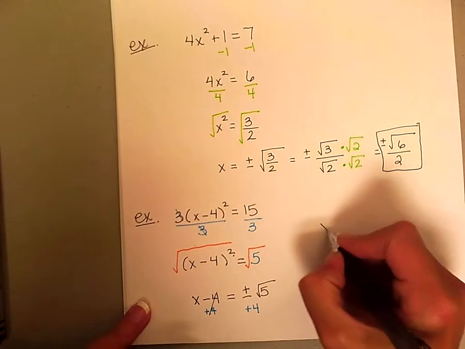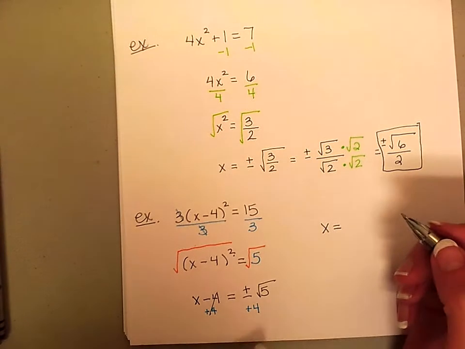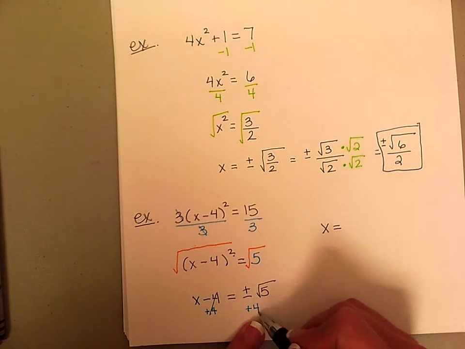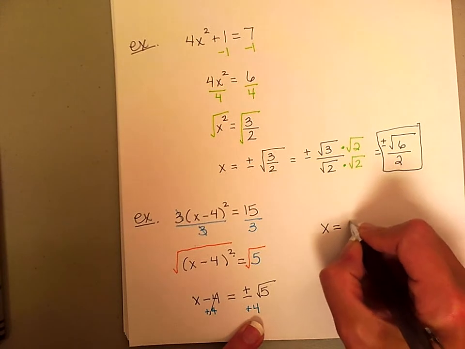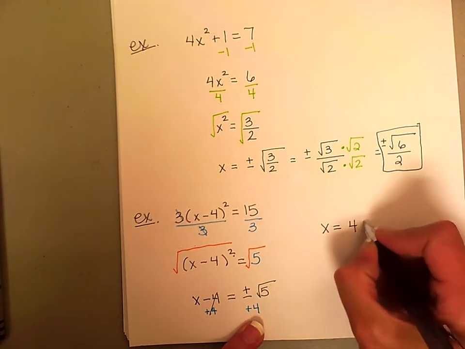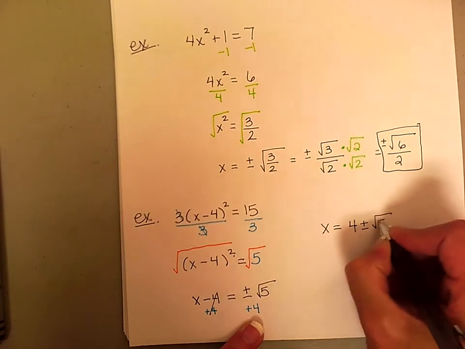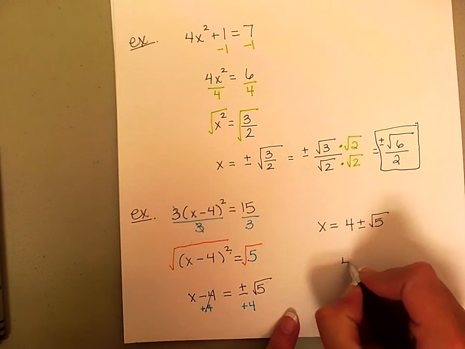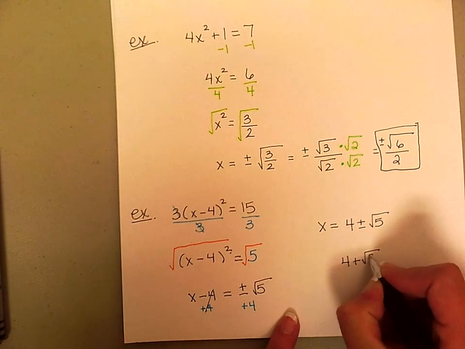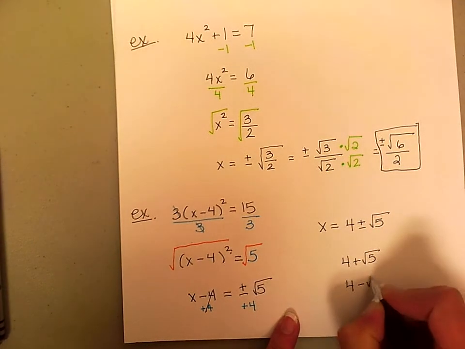That will make those go to 0. Now here, 4 and the square root of 5 are not like radicals, so this becomes 4 plus or minus the square root of 5. This is two solutions. One is 4 plus the square root of 5, and the other is 4 minus the square root of 5.